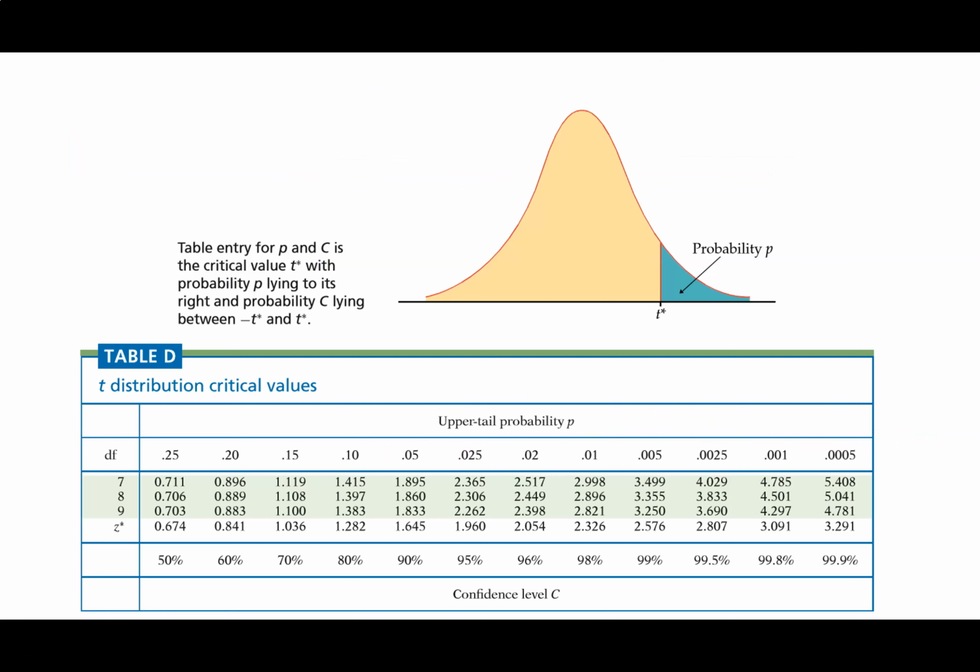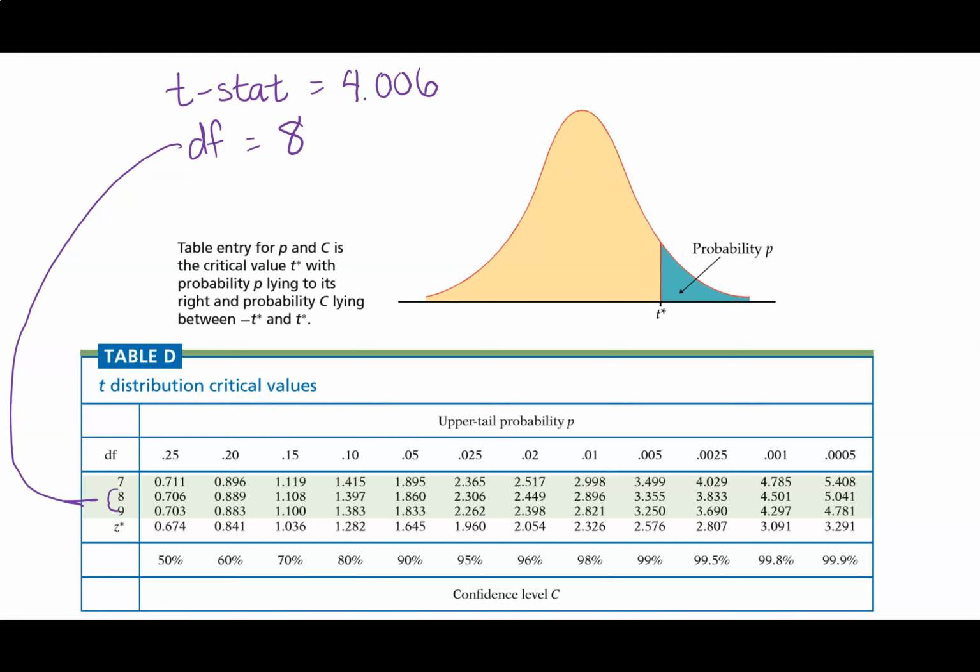So our t-test statistic is 4.006. Our degrees of freedom was equal to 8. And remember, we are doing a two-sided test. The alternative for this test is always two-sided. So this tells me which row to use. So 8. And now I'm going to try to find where 4.006 is.